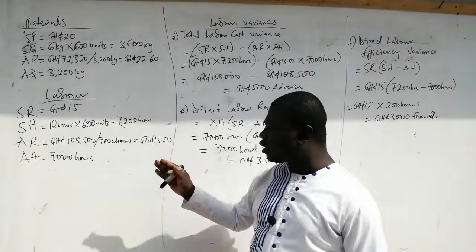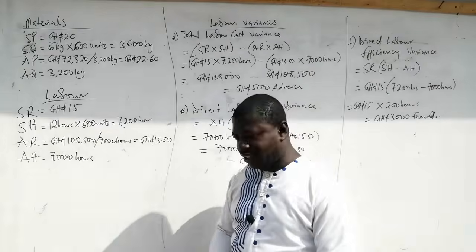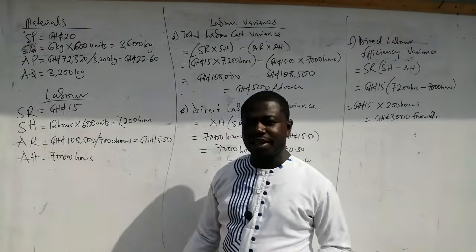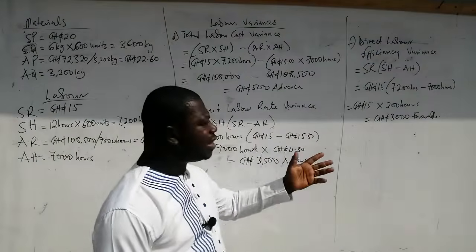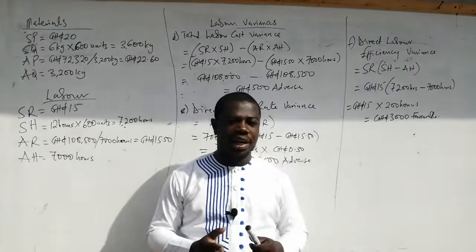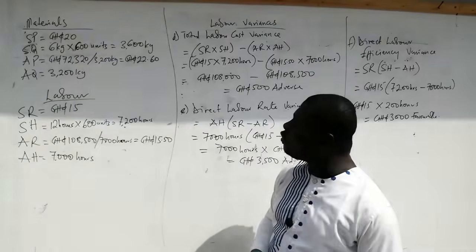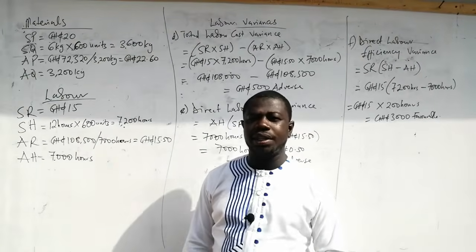If it is overheads, it's also rate and hours. Make sure you are listing them first in the answer booklet. And once you're able to do this as your workings, the formula is easy to memorize, and so it becomes easier to find your variances. And I can assure you that you reduce your errors, or you will not even make them at all as far as variance analysis calculations are concerned.